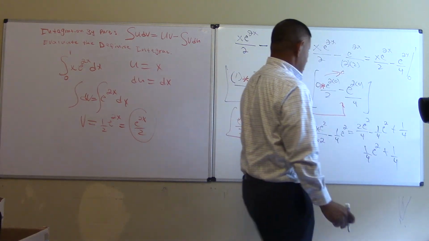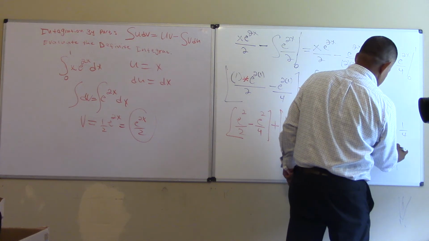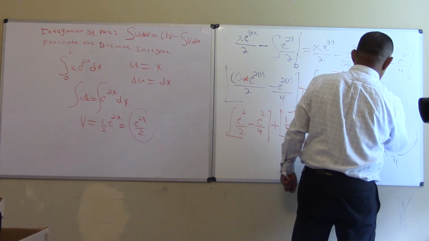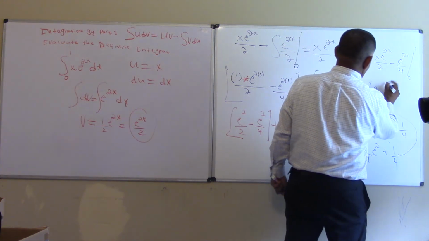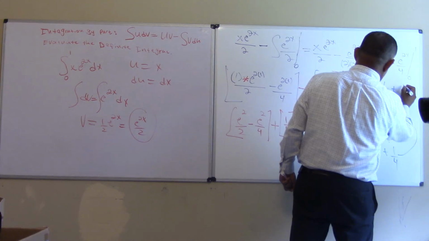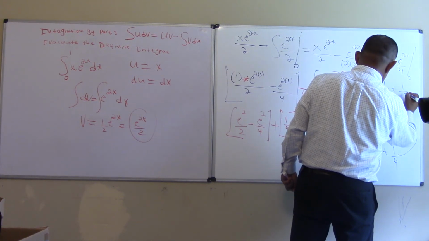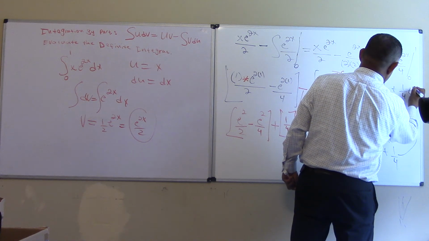Sometimes the books like to write it like this: 1/4 plus 1/4 e to the second power.